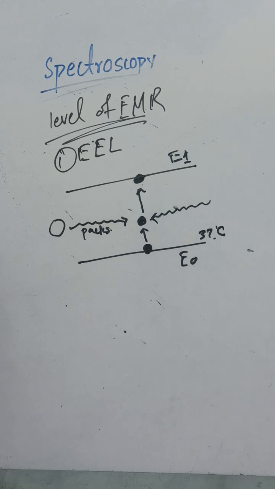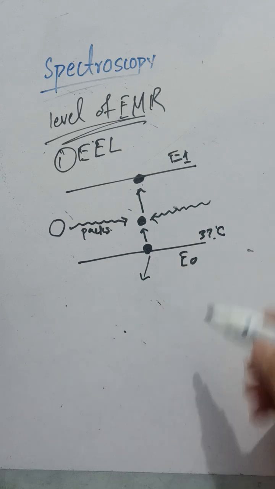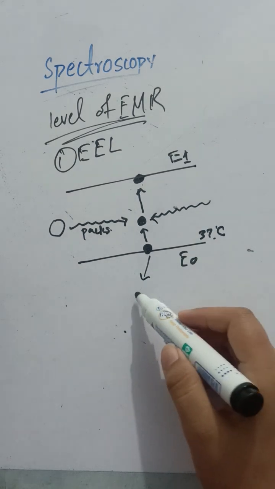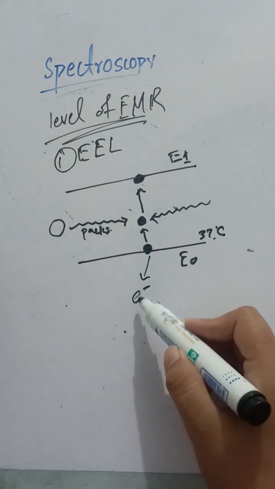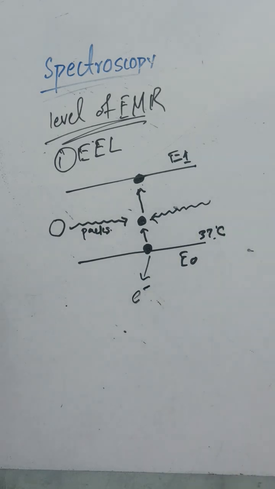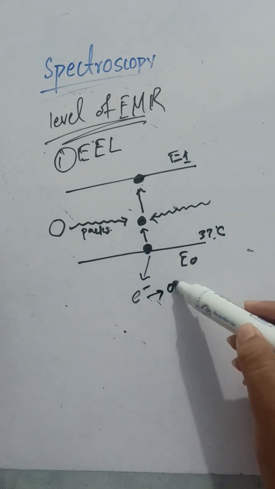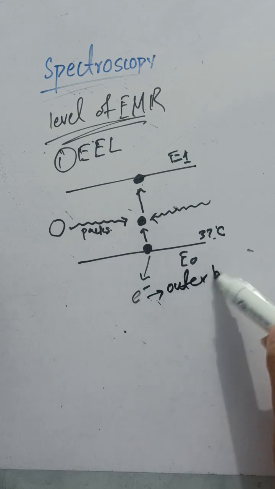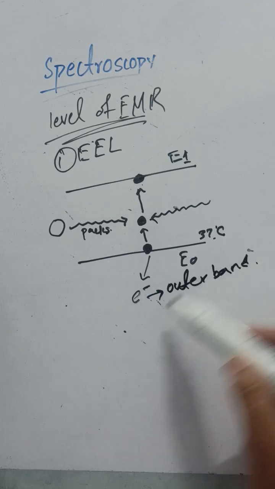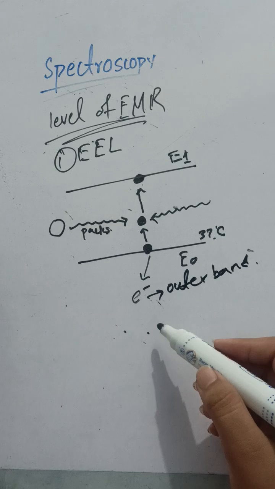And what makes them excited? As you know, every atom has electrons in it, so these electrons become excited. The electrons present in the outermost bond, like in the hydrogen atom.